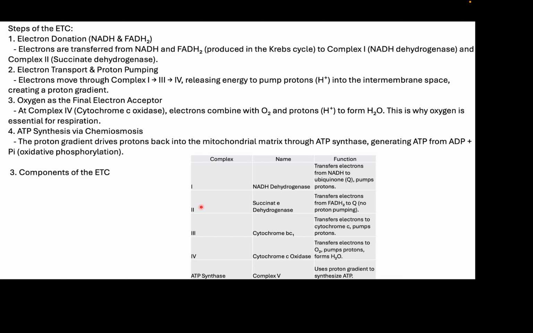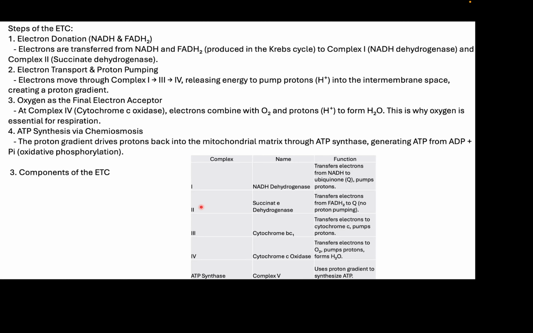Even if it somehow bypasses this, the whole process was to make a proton gradient. That proton gradient won't be there. And if the proton gradient is not there, there won't be any protons in the intermembrane space. There won't be any concentration gradient. There won't be any push for the hydrogen ions or protons to come from the intermembrane space to the matrix through the ATP synthase so that ATP can be generated.